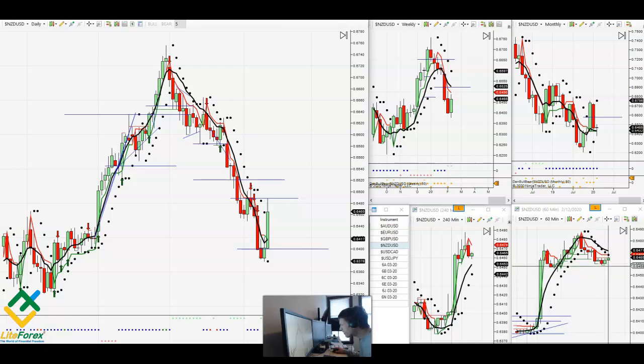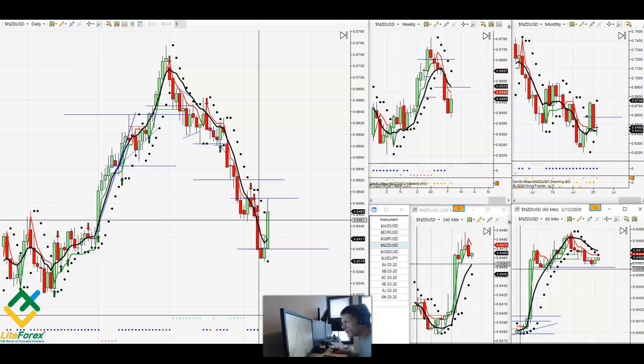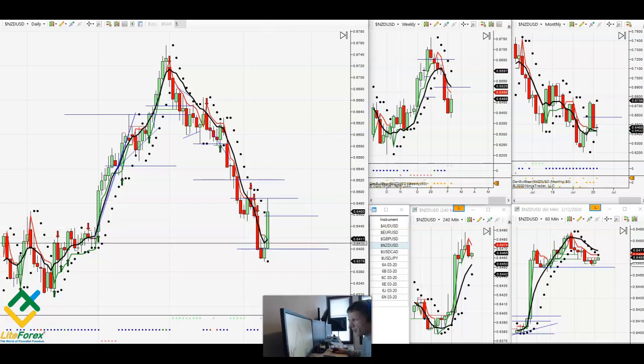So let's see, the support level is going to be around 64.57. Sorry, 64.57. See if that price can hold, but this is such a big range that I would really not doubt it if this pulls back farther than that.